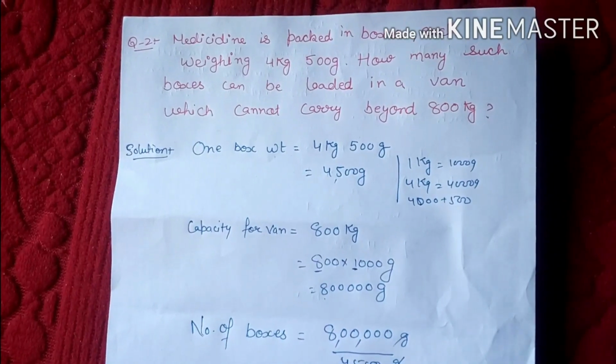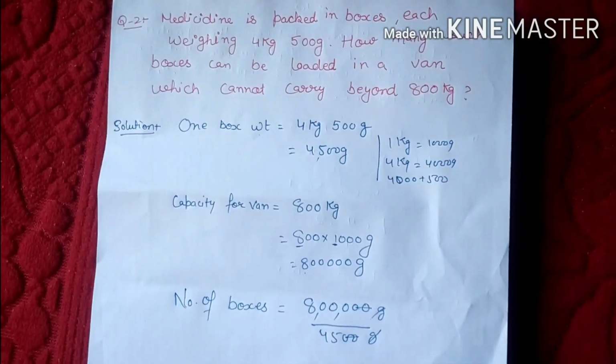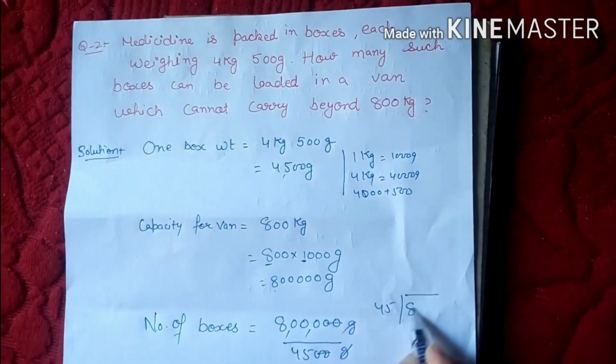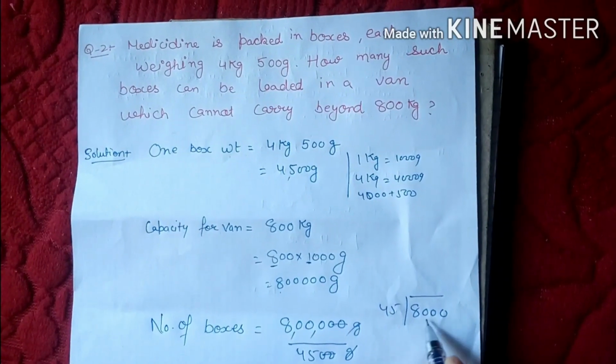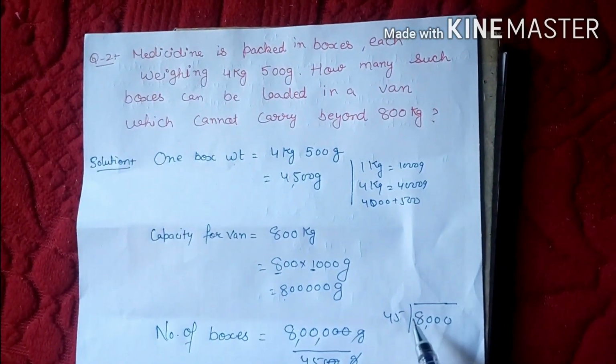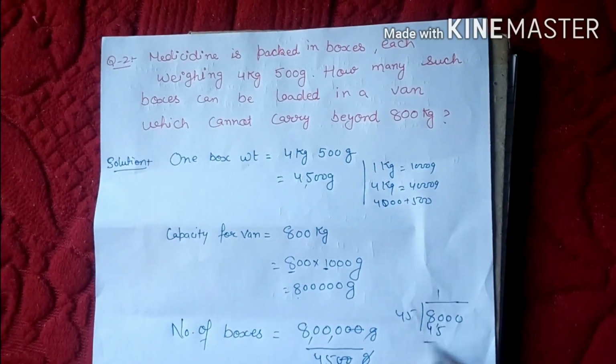The units will cancel because it is division, and these 2 zeros cancel with these 2 zeros. Now it is the division 8000 divided by 45. So 45 ones are 45, 45 twos are 90. 90 is greater than 80, so it would be 45 ones are 45.